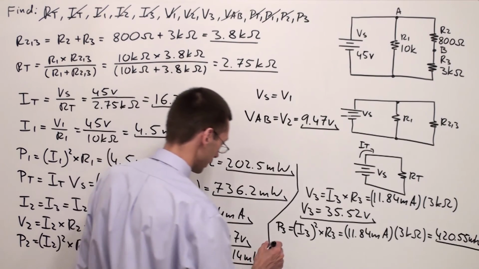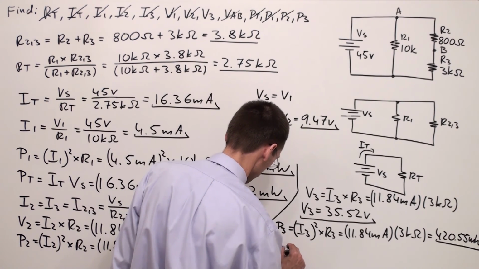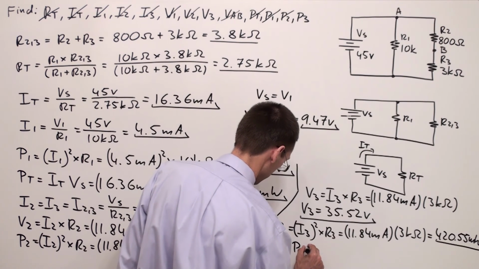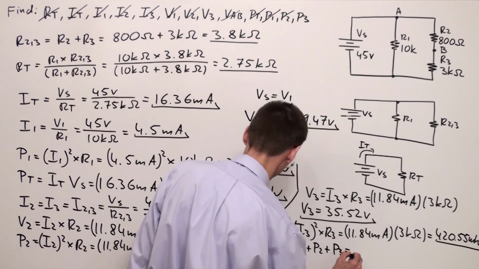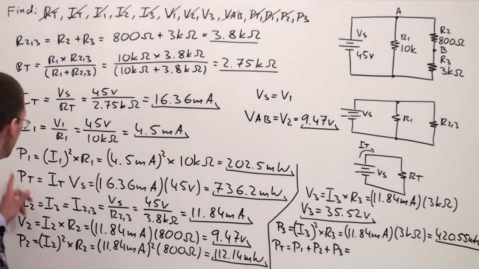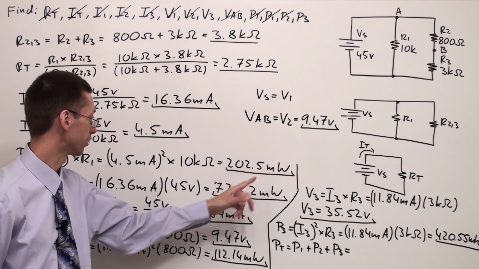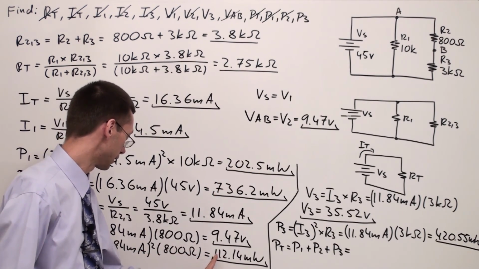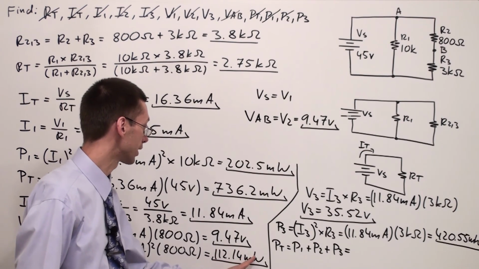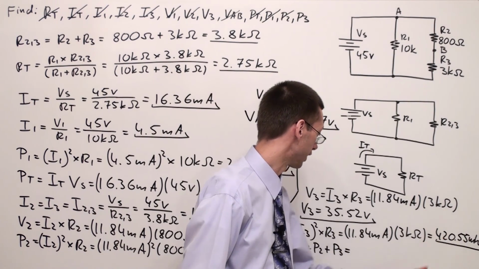If you want to verify your answers, you're supposed to add all three powers together. So P total is equal to P1 plus P2 plus P3. I mean P1, 202.5 milliwatts, plus P2, 112.14 milliwatts, and P3, 420.55 milliwatts.